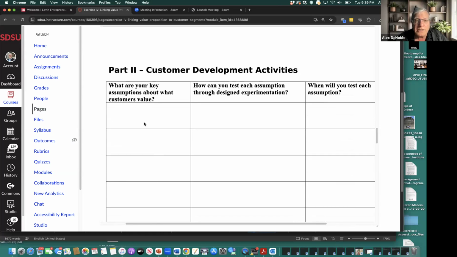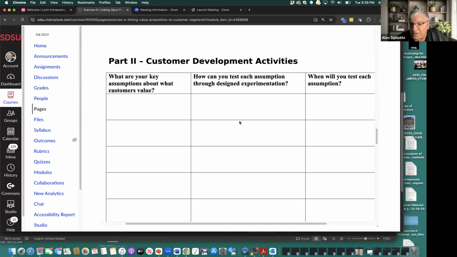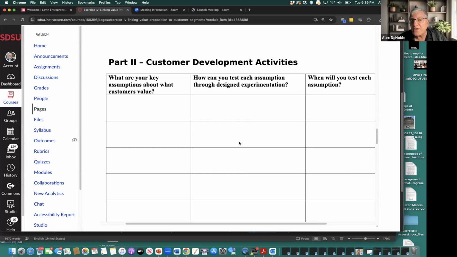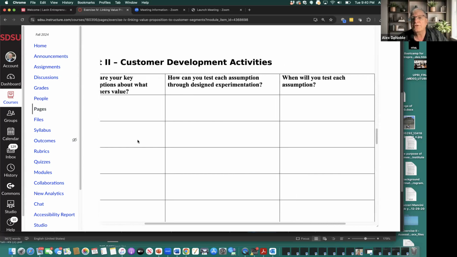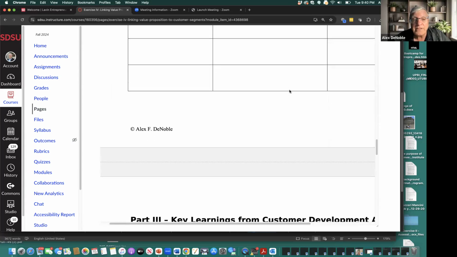So list your key assumptions about what you think customers value, and come up with some designed experiment ideas on how you would test those assumptions. And I ask, when will you test each assumption? Which ones are you going to try to do during class? And which ones would you do down the line if you were really doing this business?